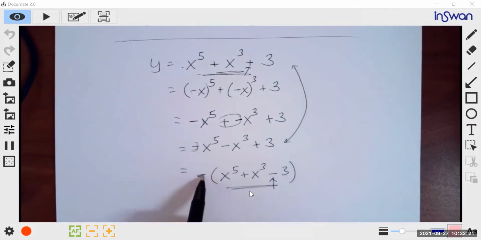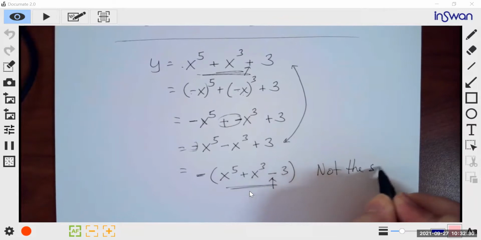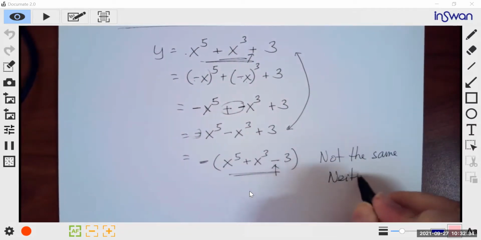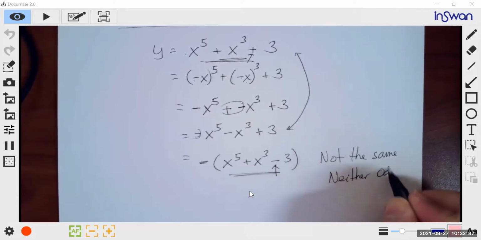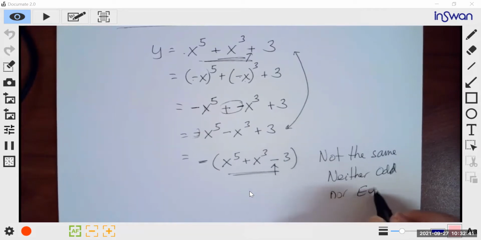When you factor out a negative, you change everybody's sign. Not the same, so it's neither odd nor even.